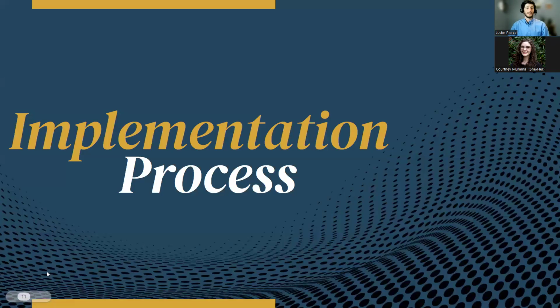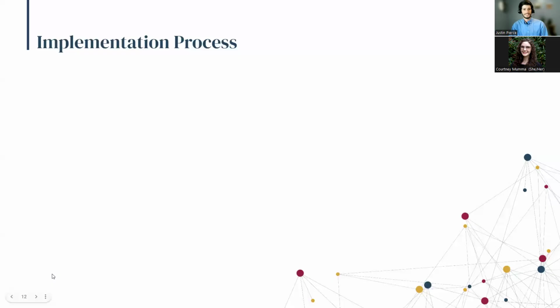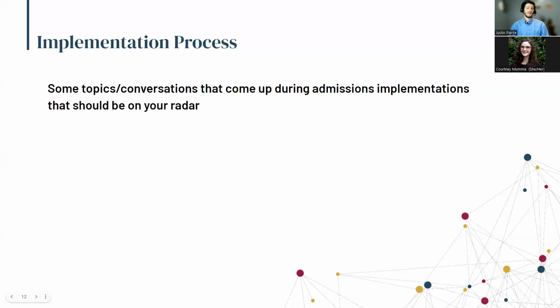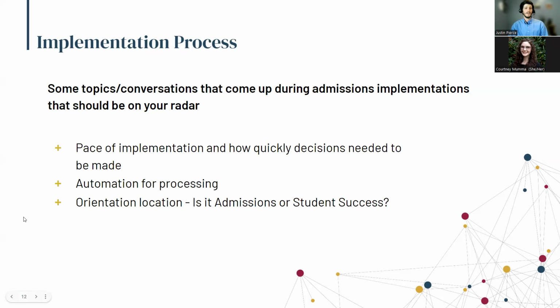So what does the actual implementation process look like if you've made the decision to share your instance? And so again, we went to our partners and asked some questions about what are the conversations that they were having on campus? What are things that they had on their radar that came up during the process? And so the pace of implementation and how quickly decisions needed to be made was a big one.